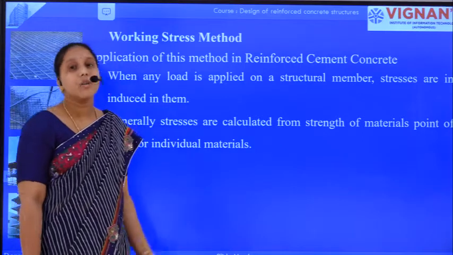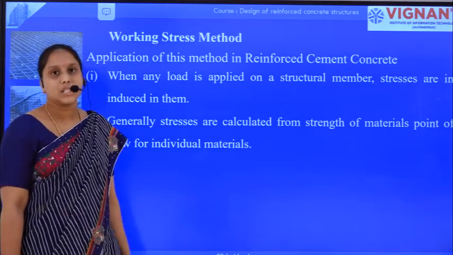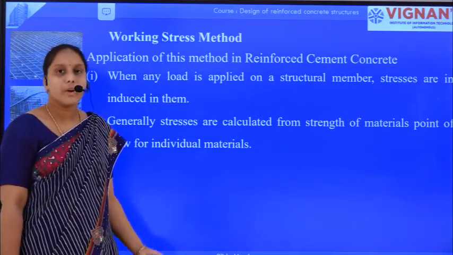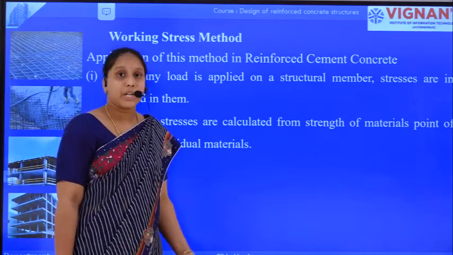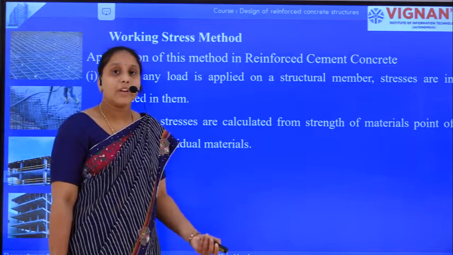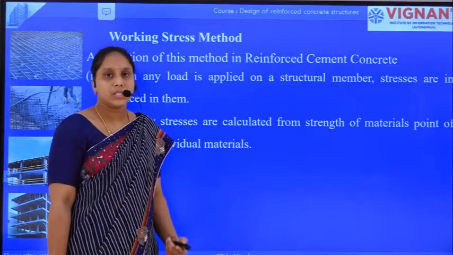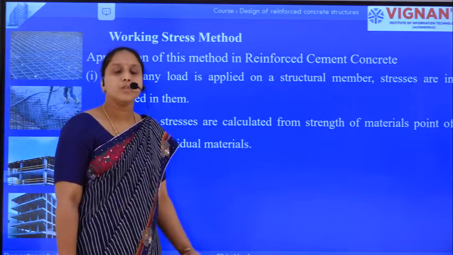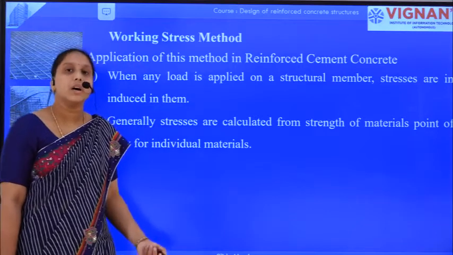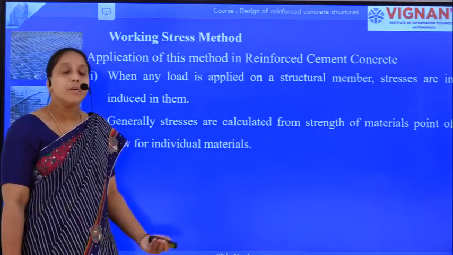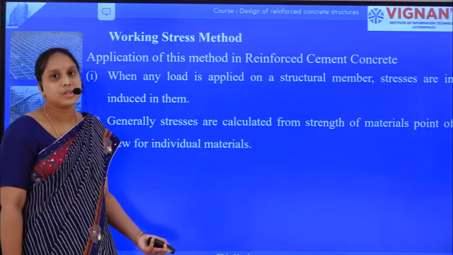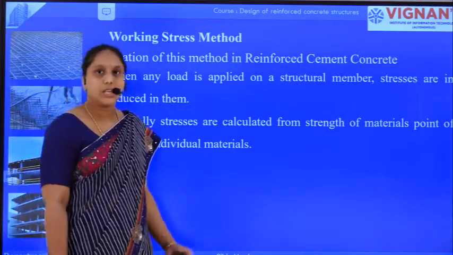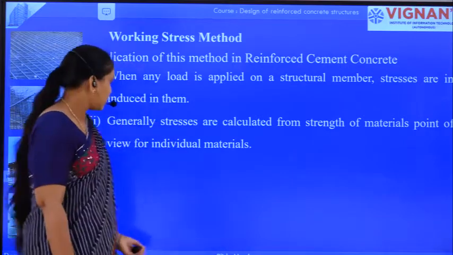But here the material we are using is RCC, reinforced cement concrete. RCC is a composite material, that is, it has two materials, concrete and steel. But in strength of materials, we can calculate only for individual materials. Here it is a composite material, so how we will find the stresses in RCC is what we will see now.